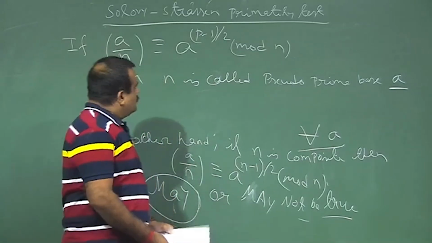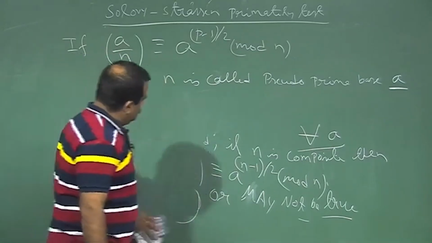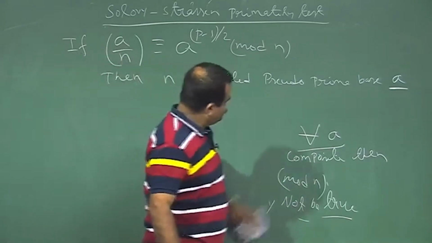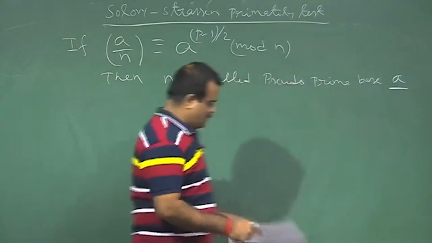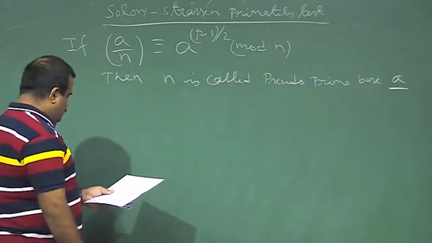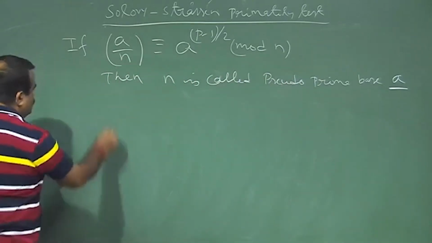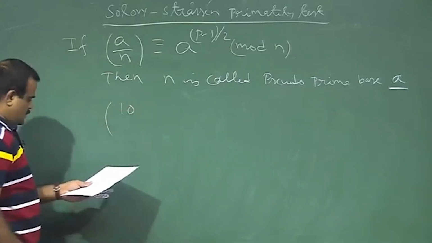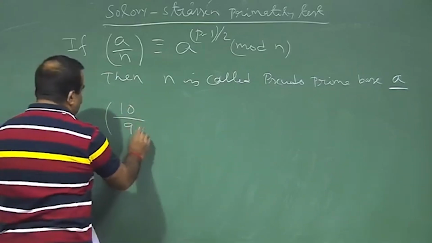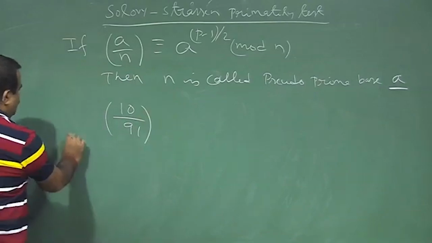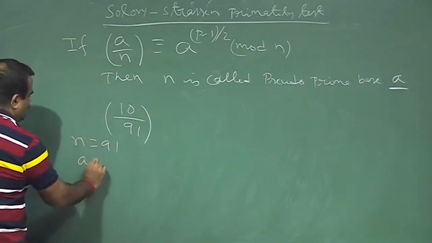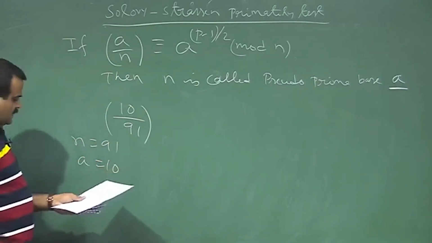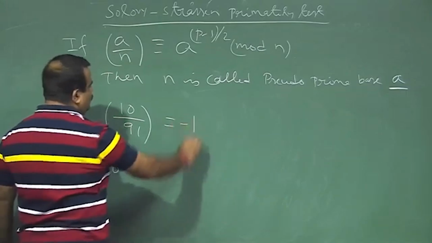Okay. So, for example, if we calculate 10 by 91, so our n is 91 and a is 10. If we calculate this Jacobi symbol, we can verify this is 1.